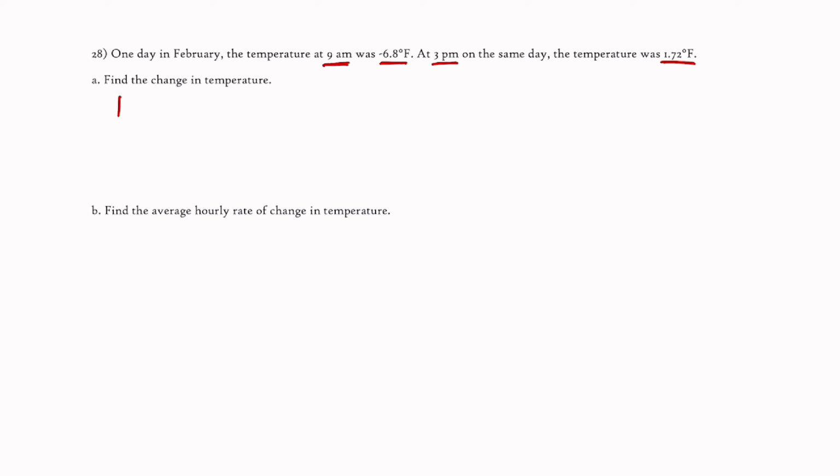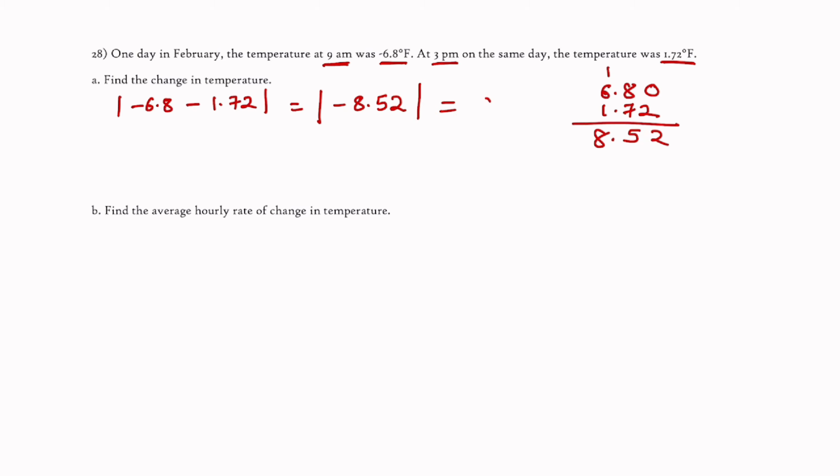So it is minus 6.8 minus, because it's a difference, 1.72. We are going to add them first. It is minus 8.52, which is equal to 8.52 degrees Fahrenheit. So that's the change in the temperature from 9 a.m.